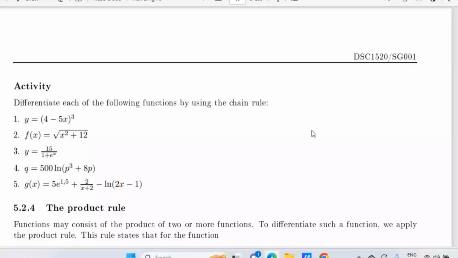If we write the middle term as f of u, then we've got f of u is equal to u to the power negative 1. Do we agree? And our u is x plus 2. Yes.